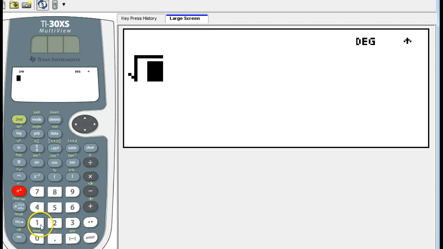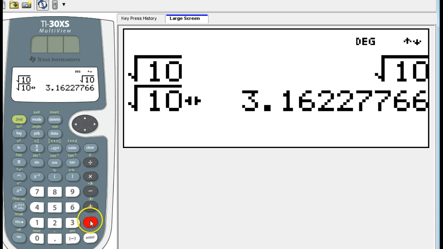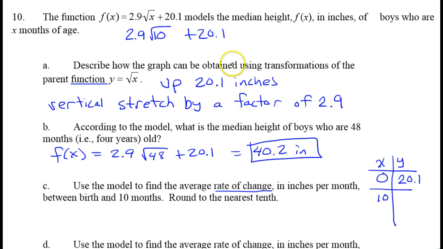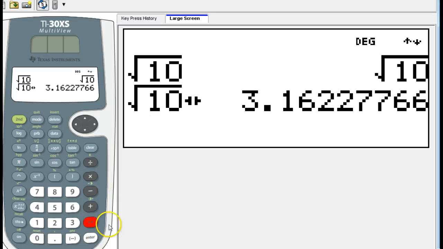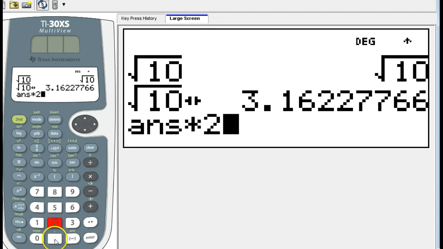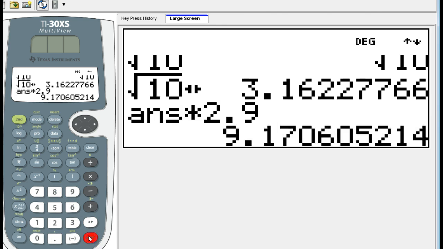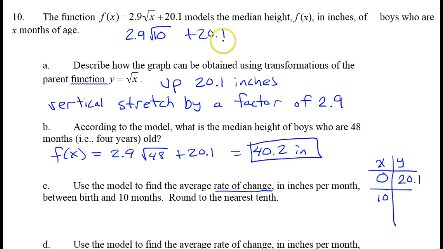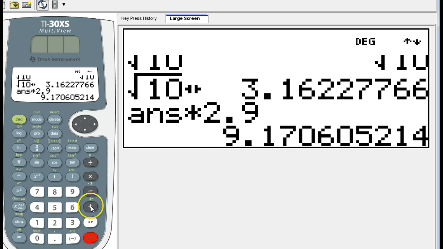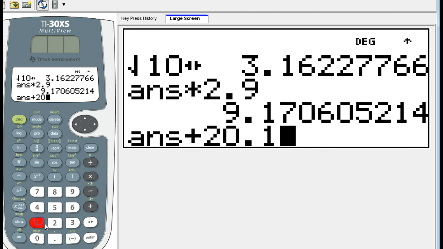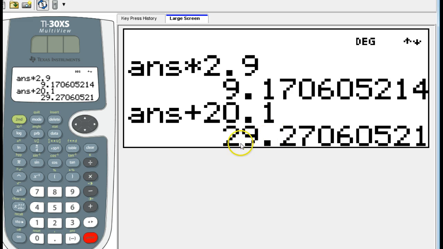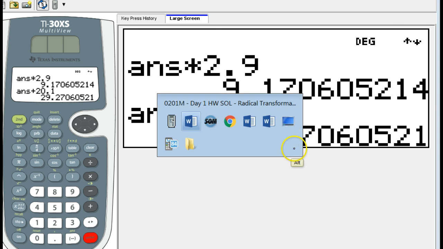I could take the square root of 10. Boom! It would give us a decimal though. And then I would multiply by 2.9, so times 2.9, enter. And then add the 20.1, so plus 20.1. Boom! That is 29.3. Got to round up.